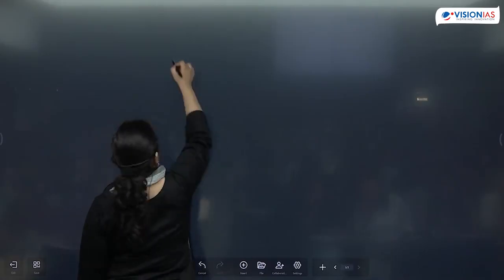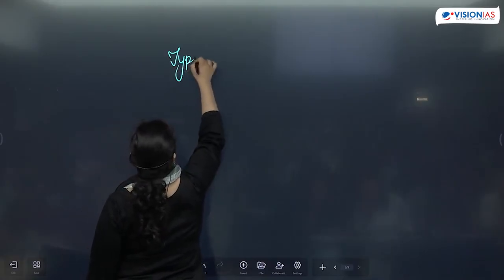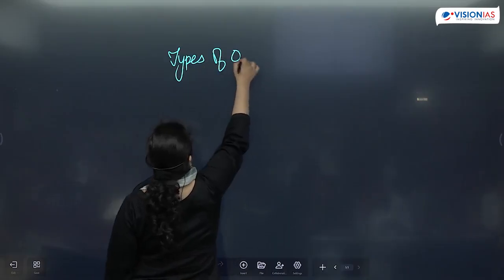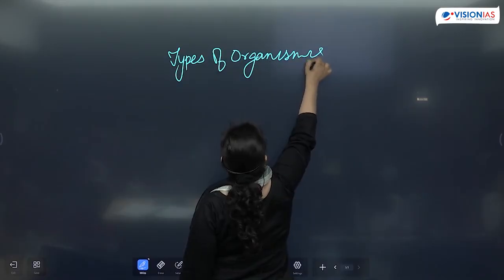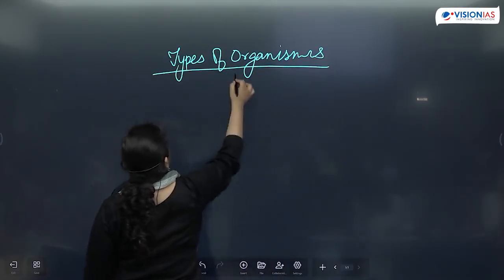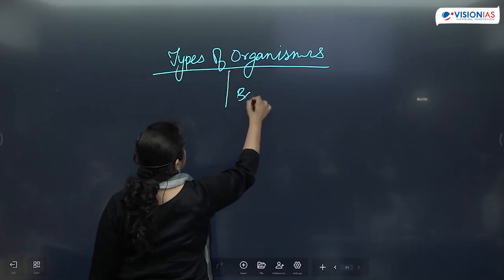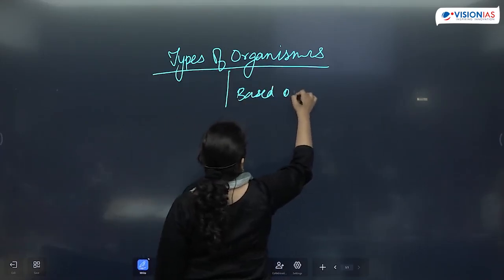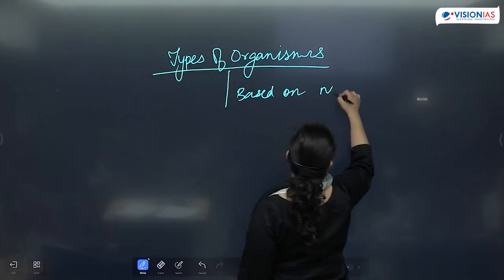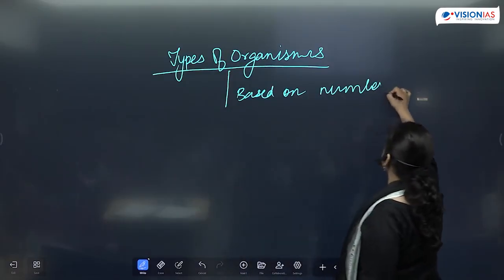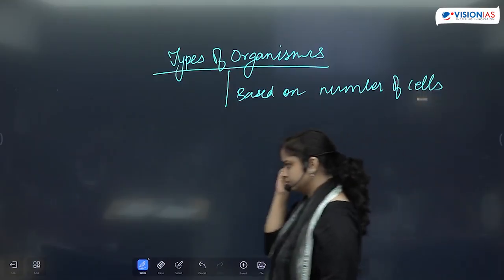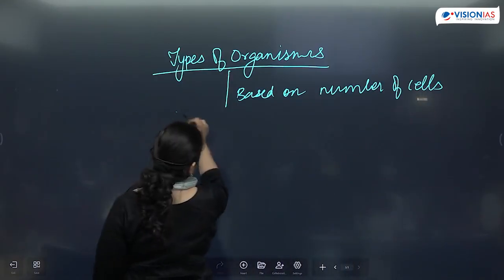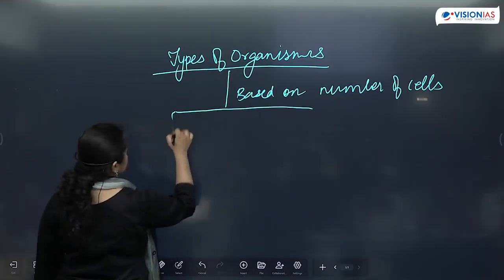So you can write types of organisms based on number of cells.